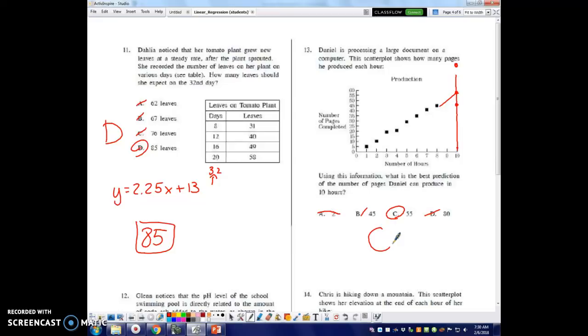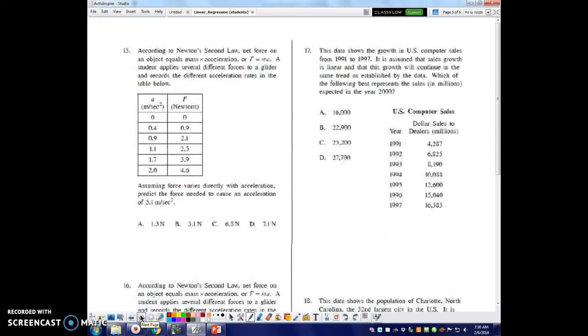All right, so go to 15. 15 says, according to Newton's second law, net force on an object equals mass times acceleration, or F equals m times a. A student applies several different forces to a glider and records the different acceleration rates in the table below.